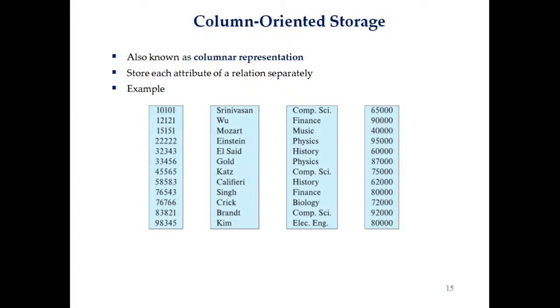Now what to do? You divide the table column-wise. Dividing the table column-wise means you break the table into 4 parts. The first table holds the first column values, the second table holds the second column values, and so on. So now a single table is divided into 4 tables depending on the column position.